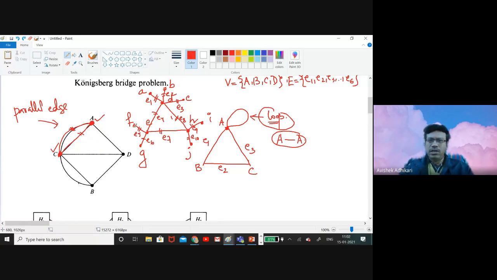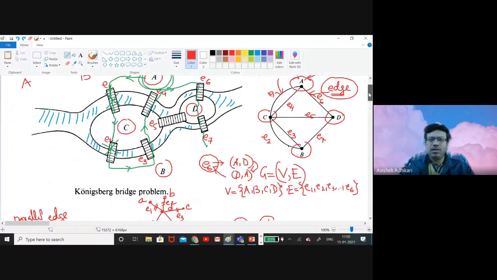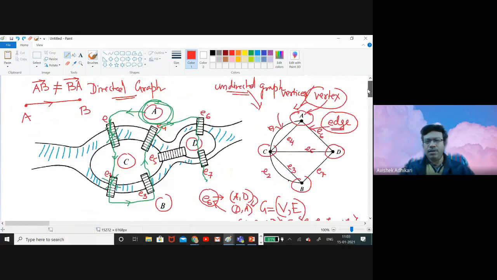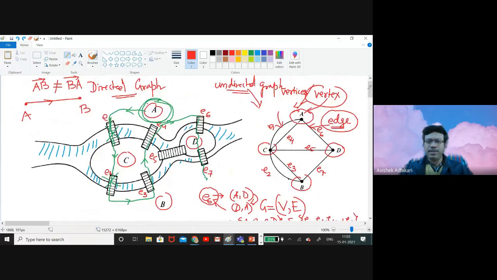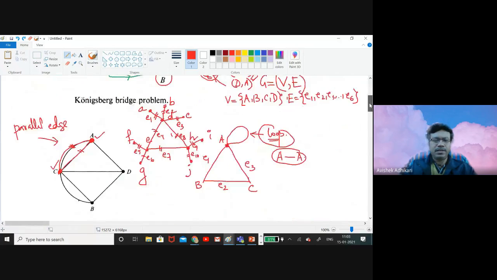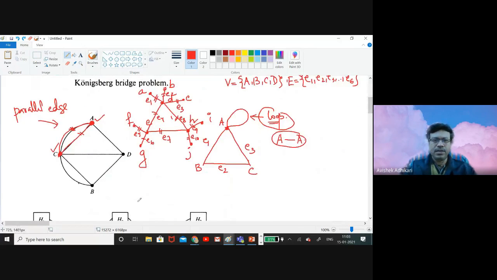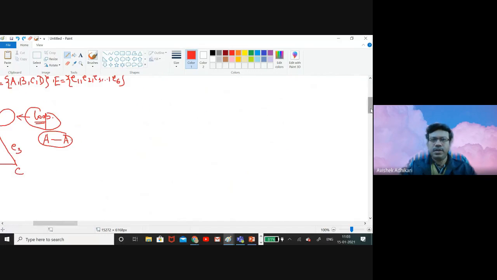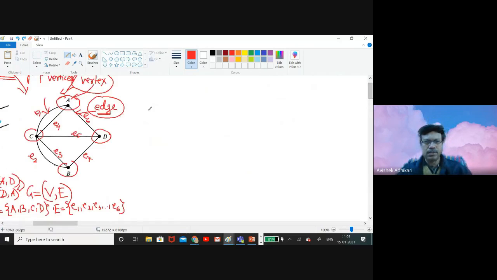So I think all the terms are now clear to you. Now let us have a look again at this image. The whole thing is basically represented by this image, right? I can just redraw it.